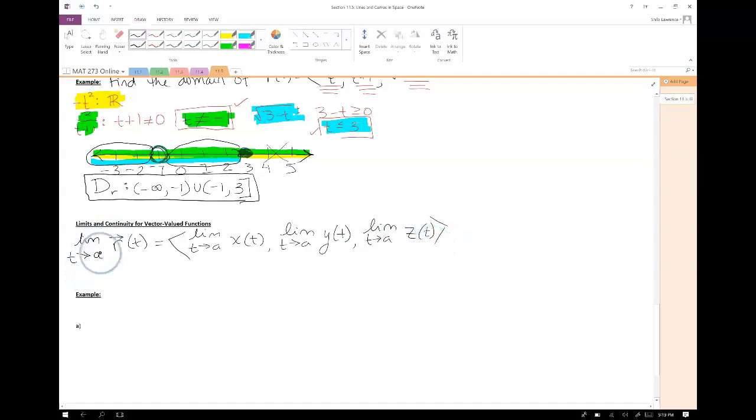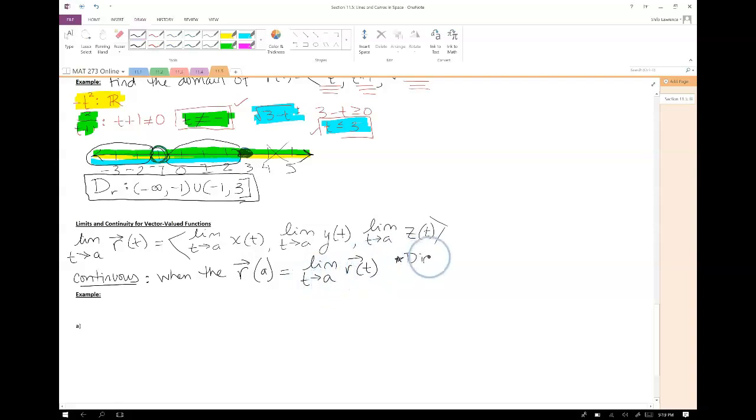And our vector valued function is continuous when it has a real answer limit for each of the components, and it's equal to whatever we would get by just plugging a in to the function. So it's when r of a is equal to the limit as t approaches a for r of t.